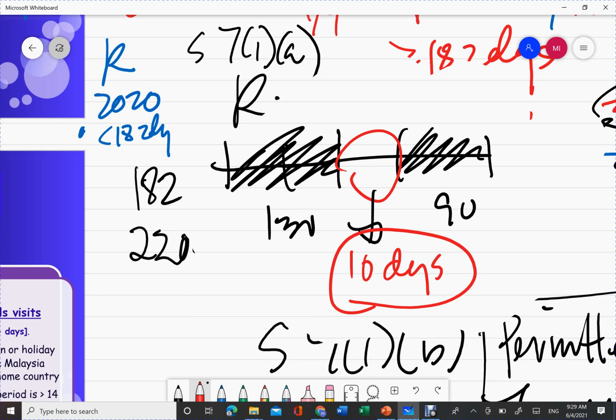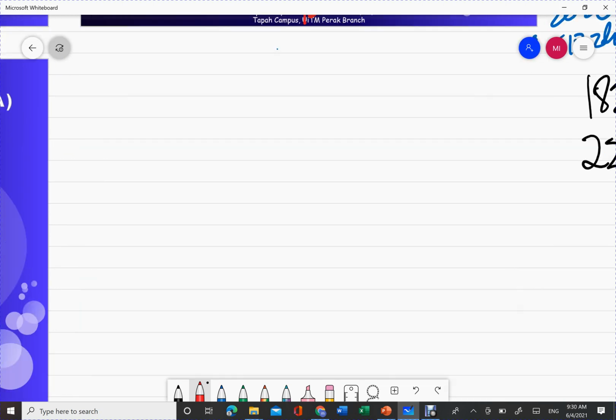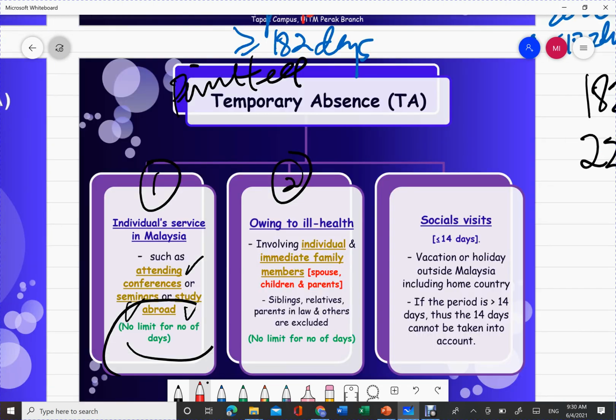Tapi 10 days ni he was not in Malaysia kalau due to any of the permitted temporary absent punya reason, dia tak ada kat Malaysia for 10 days tu, we are going to assume sebagai dia ada di Malaysia. So that period is counted. Okay, so yang ni kita akan kira lah. Tapi yang sakit tu mestilah the taxpayer himself, the resident that we are trying to assess dia punya resident status, the immediate family member dia.